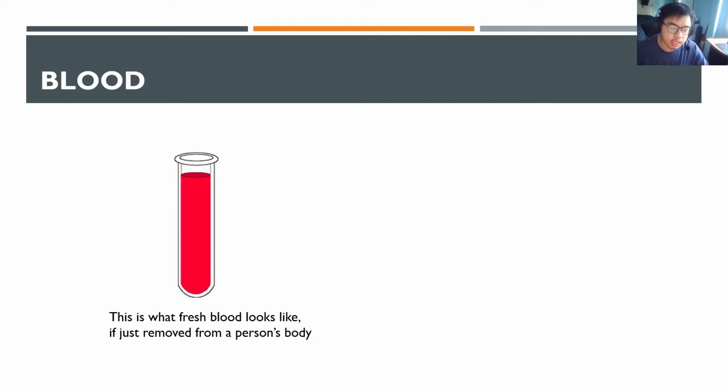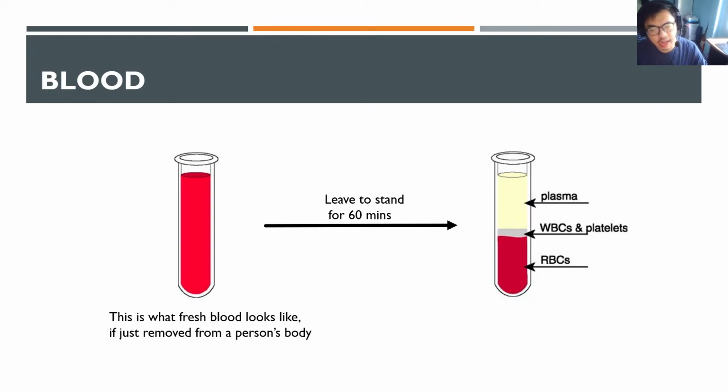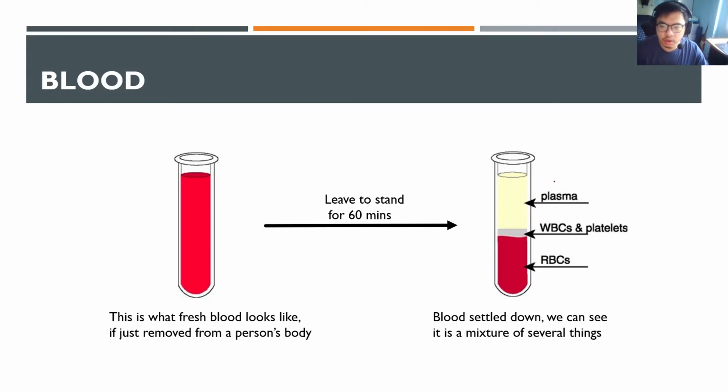This is what fresh blood looks like, just removed from a person's body. But if you leave it for an hour, you will see that there are actually a lot of things inside the blood. You can see there's this yellow thing called plasma. These are the white blood cells and something called the platelets. And then you have the red colored part here, which are the red blood cells.